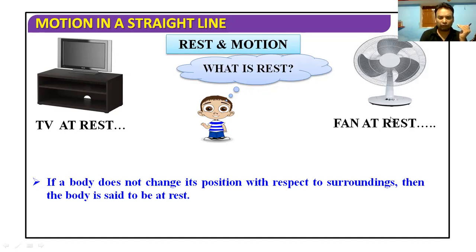So if I ask you one question, if I switch on the fan, then what term will we use for the fan? Is it in rest or is it in motion? So it is in rest because it is not changing its position. Even the blades are in motion, they are changing their position with respect to the surrounding. So the fan as a whole is in rest, but the blades of the fan are in motion.